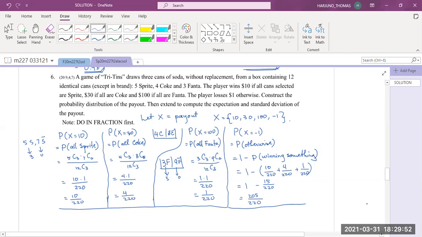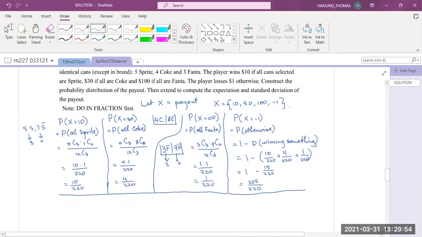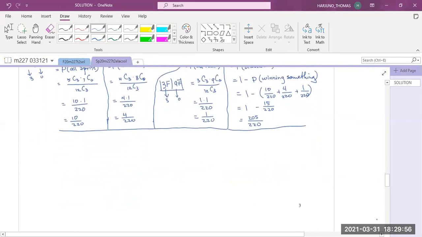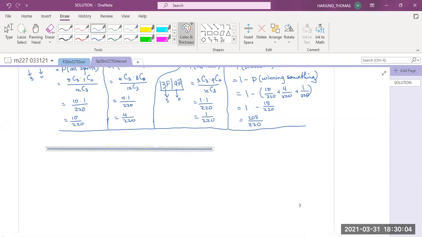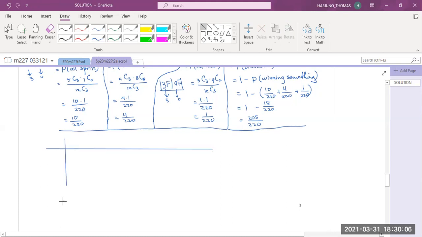Now then, construct the probability distribution. X will be either 10 or 30 or 100 or -1, right?